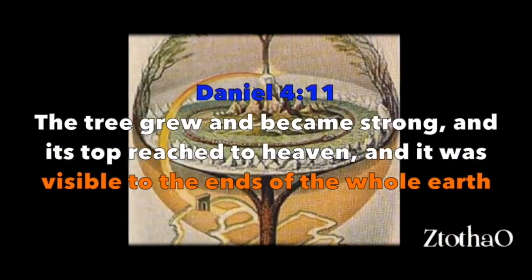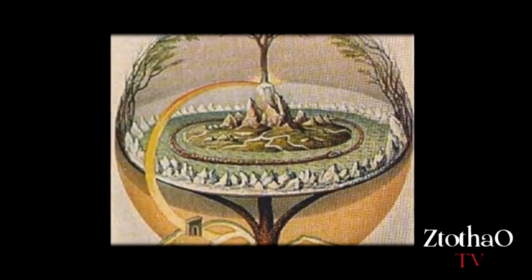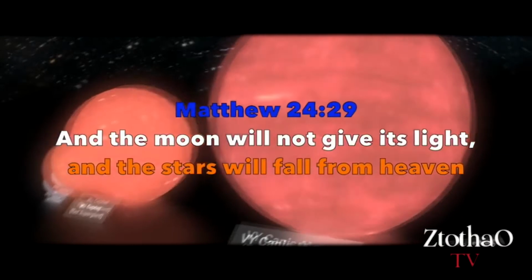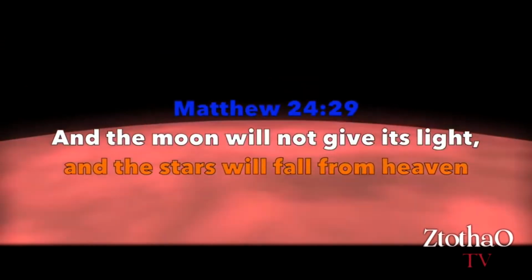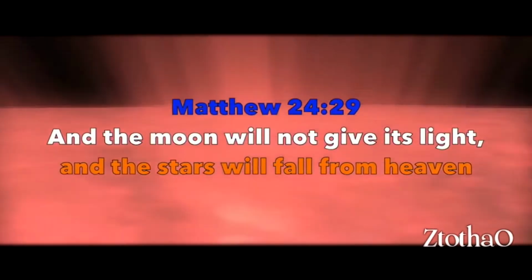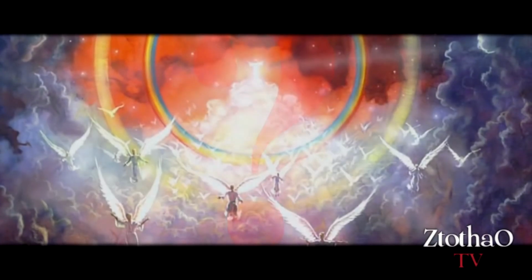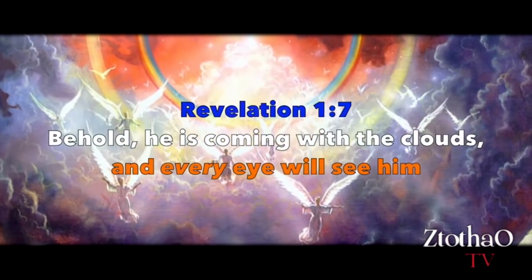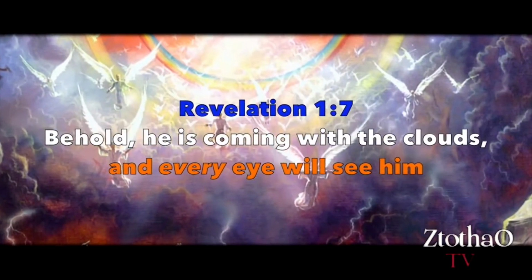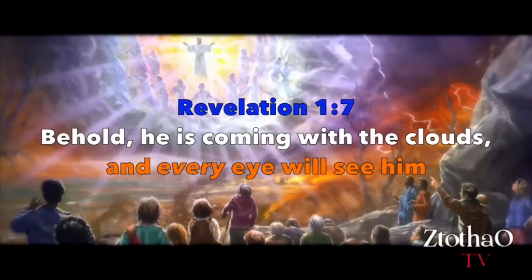Daniel 4:11. And the moon will not give her light, and the stars will fall from heaven. Matthew 24:29. How is this possible? How? Behold, he is coming with the clouds, and every eye will see him. Revelations 1:7.